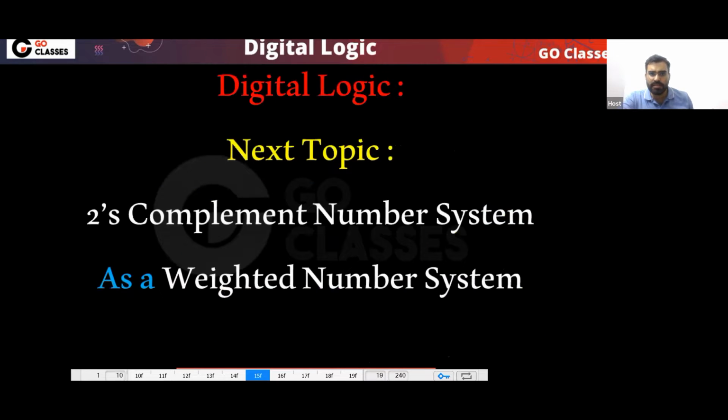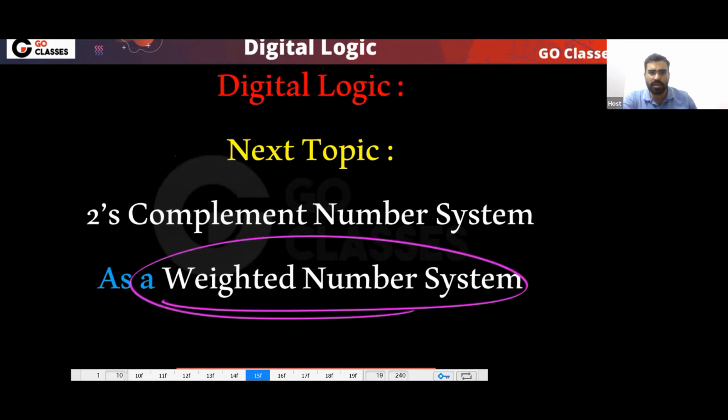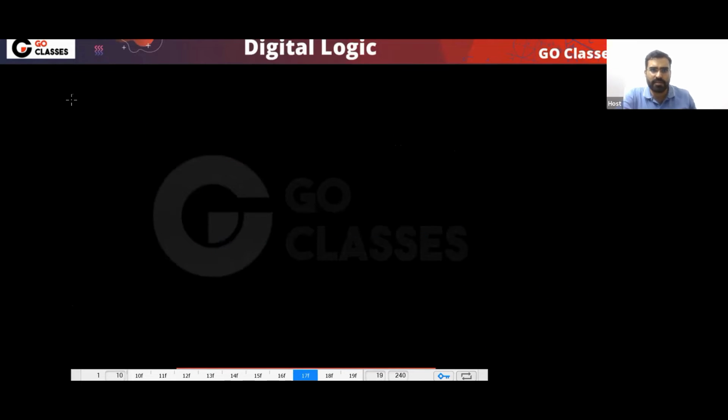Now similarly, this 2's complement number system is also a weighted system, or a weighted code.